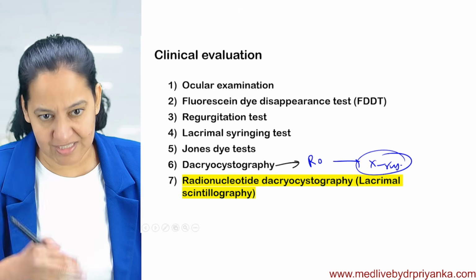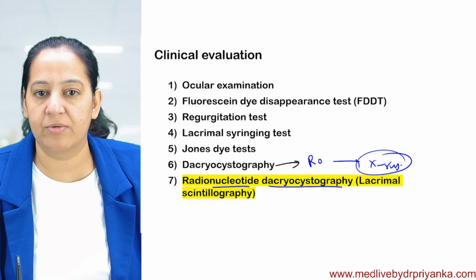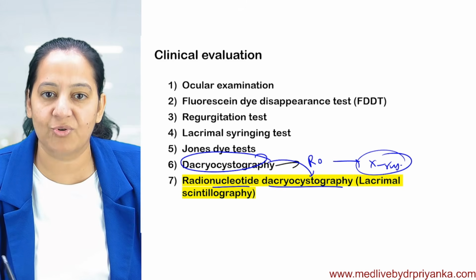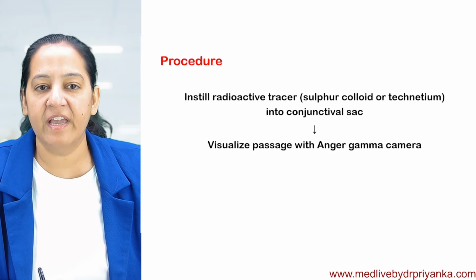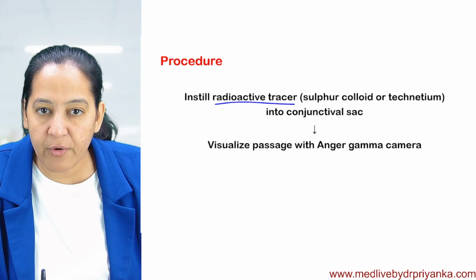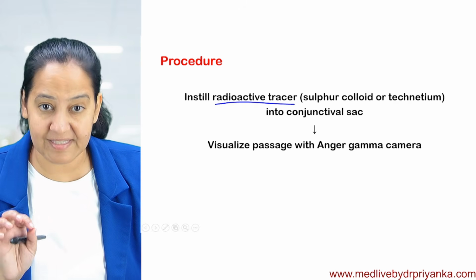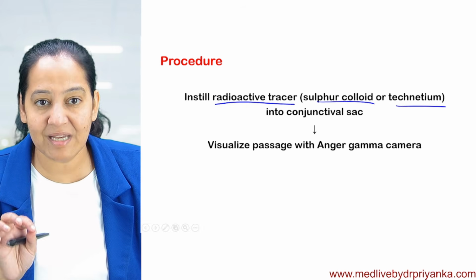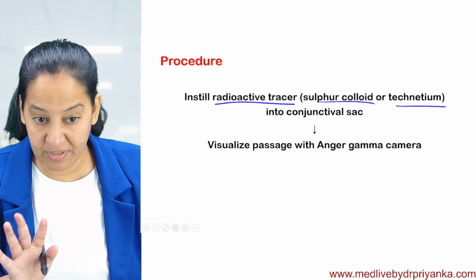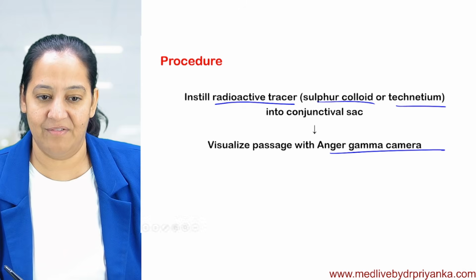One more similar test we are having. It is radionuclide dacryocystography. It's a modified version of dacryocystography only. So here, instead of radio opaque material, we are putting radioactive tracer material like sulfur colloid or technetium. And we don't take X-ray, we use a gamma camera.